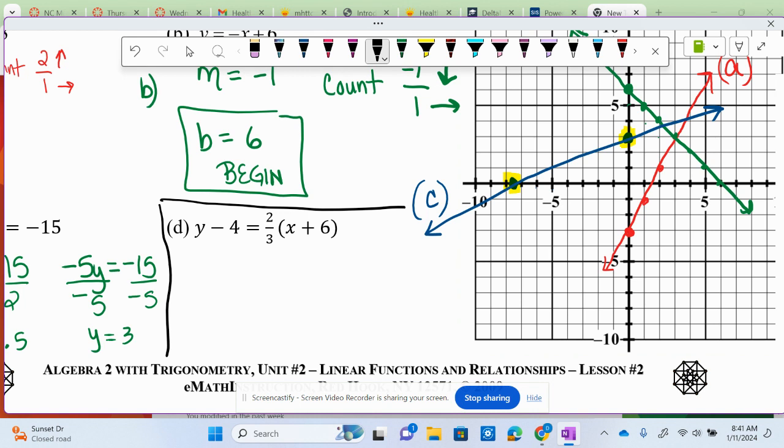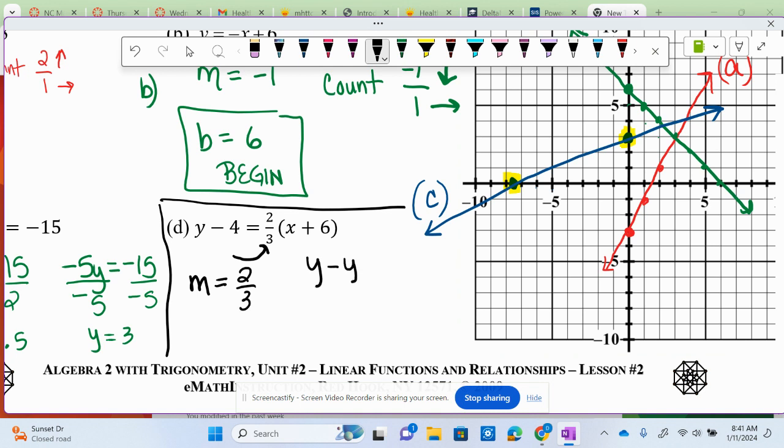Yeah, this is in point-slope form. So that means that this number right here is my what? What is that fraction in front of the parenthesis? That's my slope. M equals 2/3.